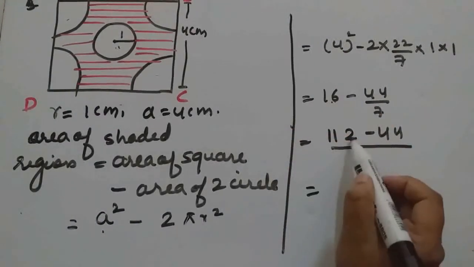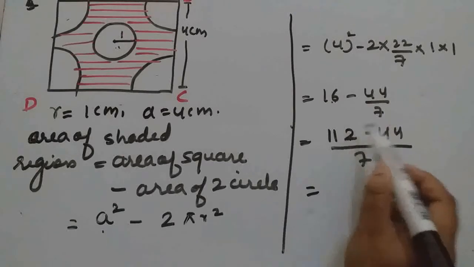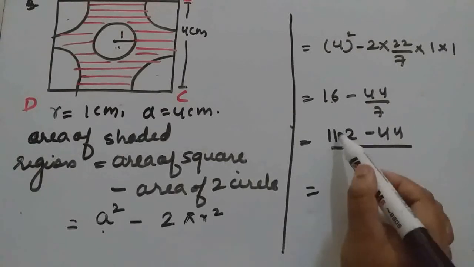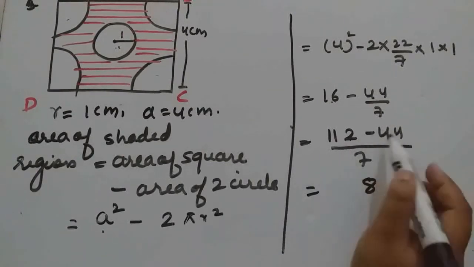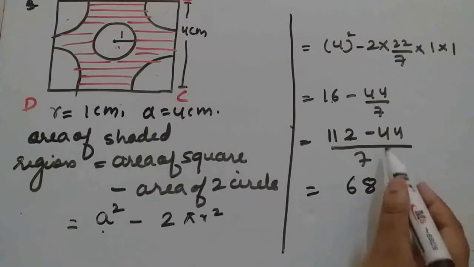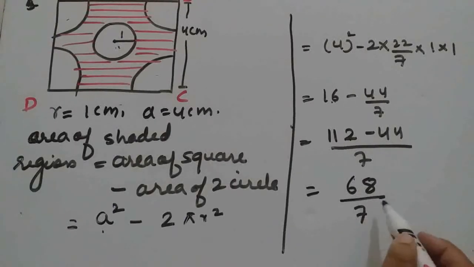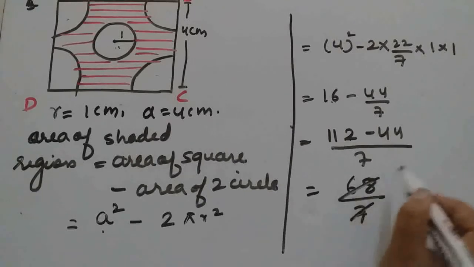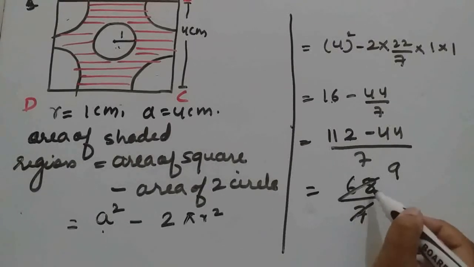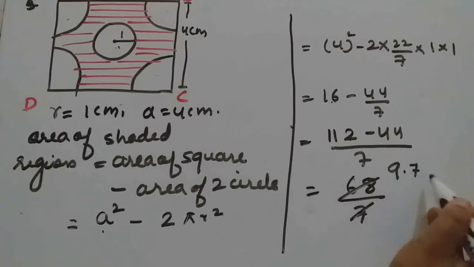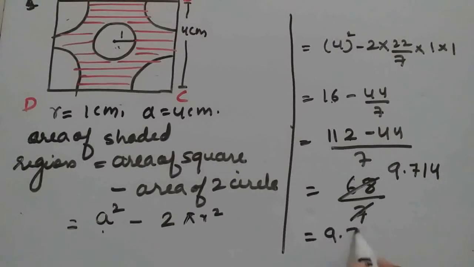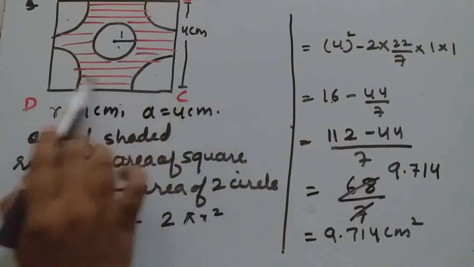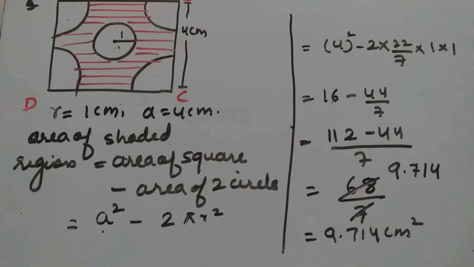So now this will give 68 by 7. From 7 we can divide. 7 9s are, we know, 63. 5 will remain. So 7 7s are 49. 1 will remain. 7 1s are 7. Then 3 will remain. So 9.714 centimeter square is the remaining area, or we can say area of shaded region.